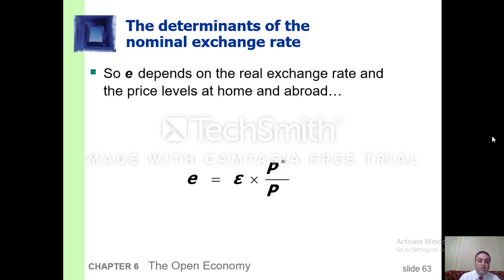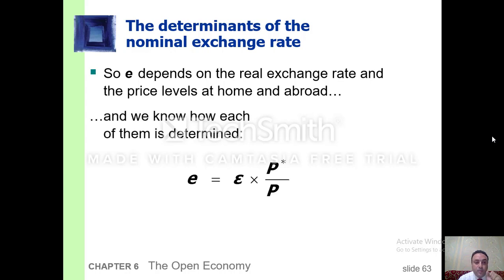So the nominal exchange rate in this case depends on the real exchange rate and the price levels at home and abroad. And we know how each of them is determined.